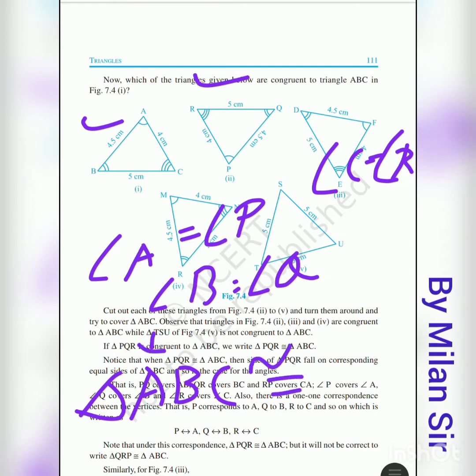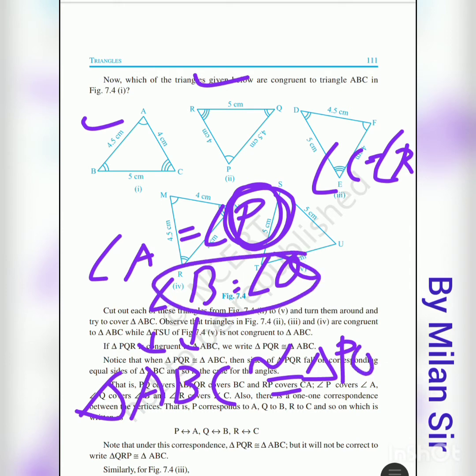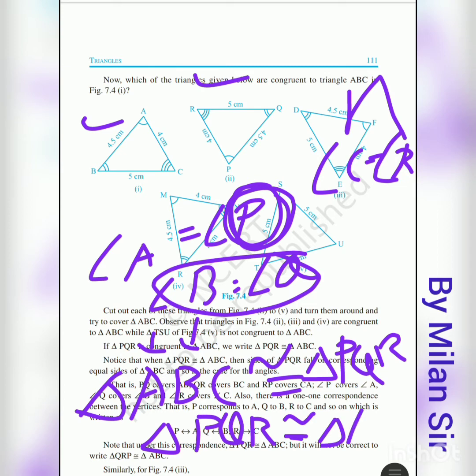First position A, so in the first position we give P. Second, B, with B we have Q, so we write Q. With C we have R, so we write R, so PQR. So triangle ABC is congruent to triangle PQR. And we can also write triangle PQR congruent to triangle ABC. This way too we can write.